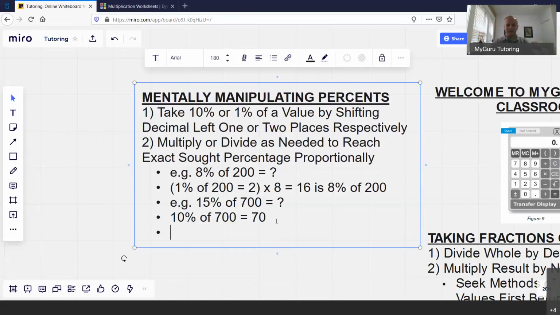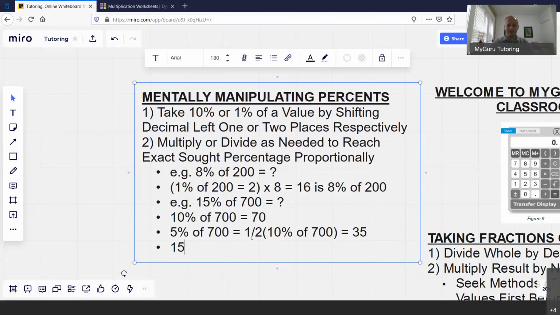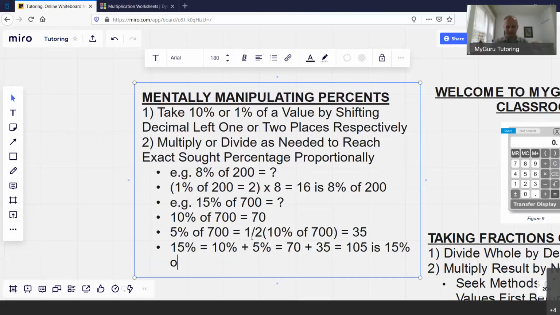So then what is 5% of 700 going to be? Yep, 35 is going to be right, because 5% of 700 is equal to 1/2 times 10% of 700. So that's going to be equal to 35. And then we know that 15% is equal to 10% plus 5%, which is 70 plus 35, which is equal to 105, is 15% of 700.